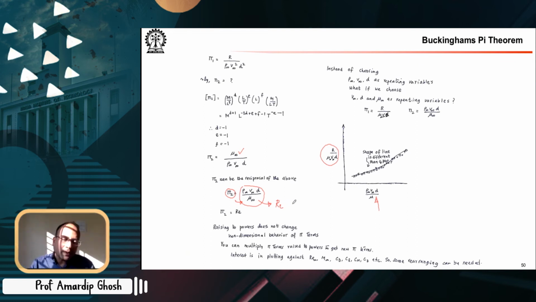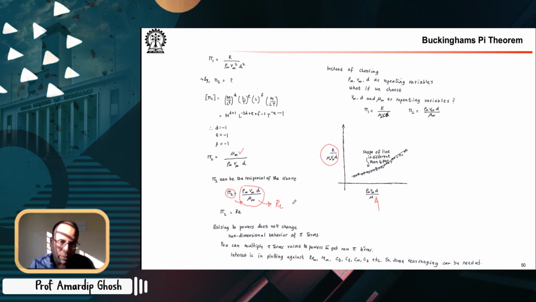You will see that there's something called inertia force by viscous force, and that is where some non-dimensional parameters have physical sense. Some non-dimensional parameters will still give you the advantage of data collapsing on one functional line, etc., but may not have physical significance in the way we interpret things.